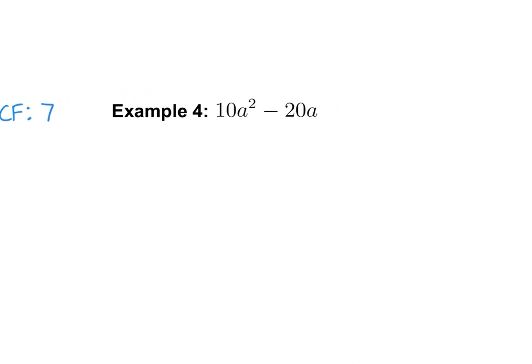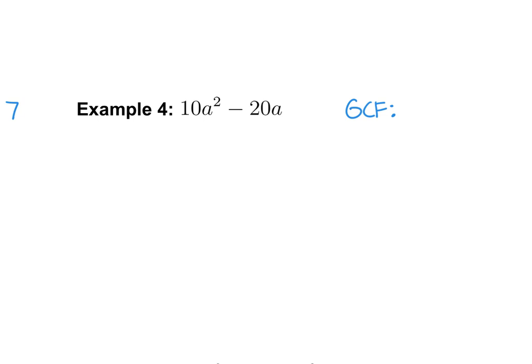Example 4. I have 10a to the second minus 20a. I want to find my greatest common factor. I'm looking at the coefficients, 10 and 20. So each of those has a 10 in common. I can divide 10 out of both. And then both of them have a variable of a.